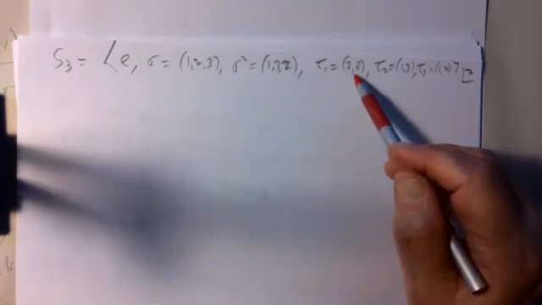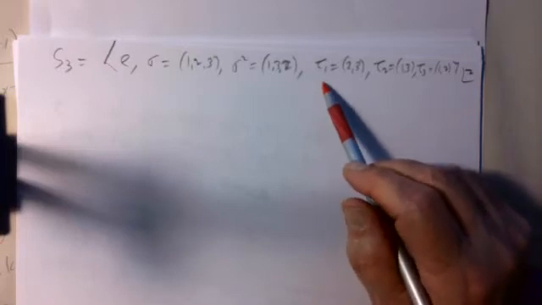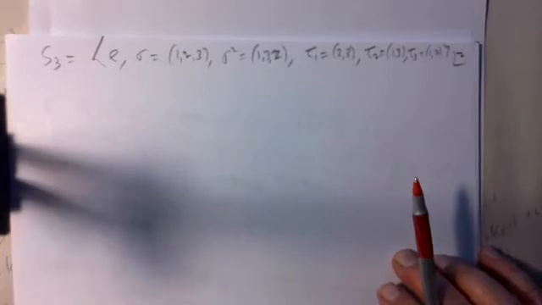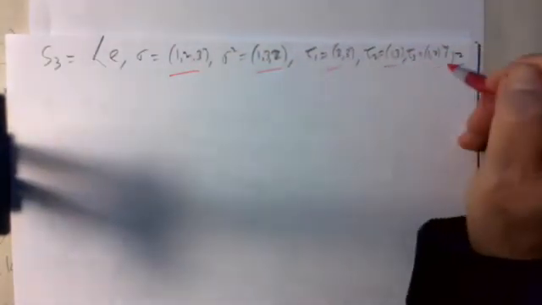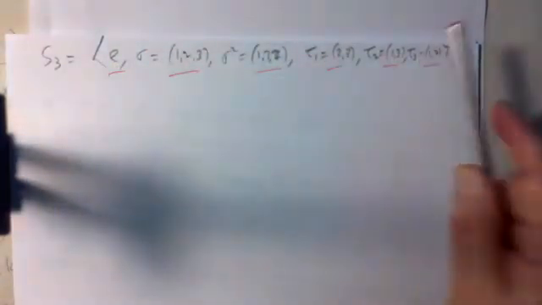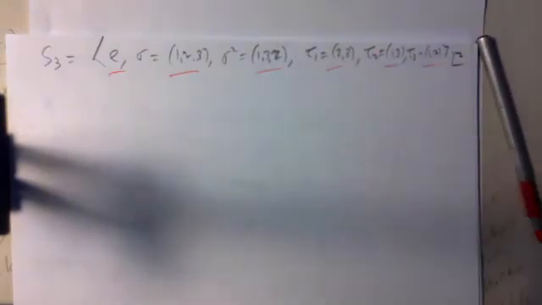I'll define it. If I use this notation in the exam, I'll define it. I'm not going to just say tau 1 and not tell you what tau 1 is. Okay. But these are the permutations, and sigma, sigma squared, tau 1, tau 2, they're just names. I could call them X, Y, Z, or anything I like.